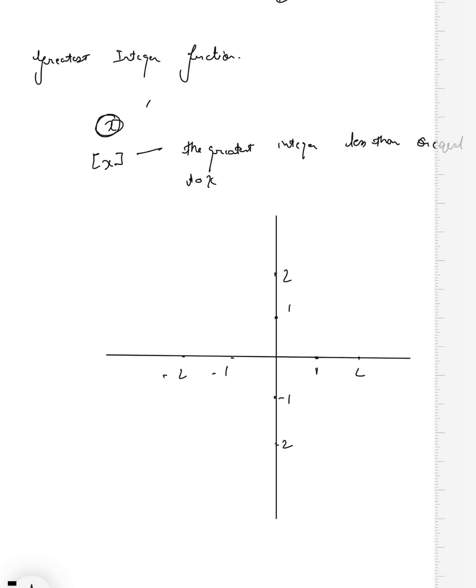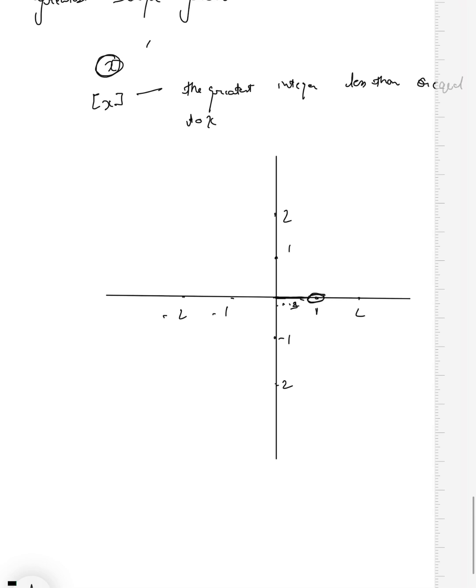So if I put the value of x here, no matter what we put, 0.1, 0.2, 0.3, something like that, we are always going to get 0. Remember, if I put the value of x from 0 to 1 including 0, I always get f(x), the greatest integer function, as 0.